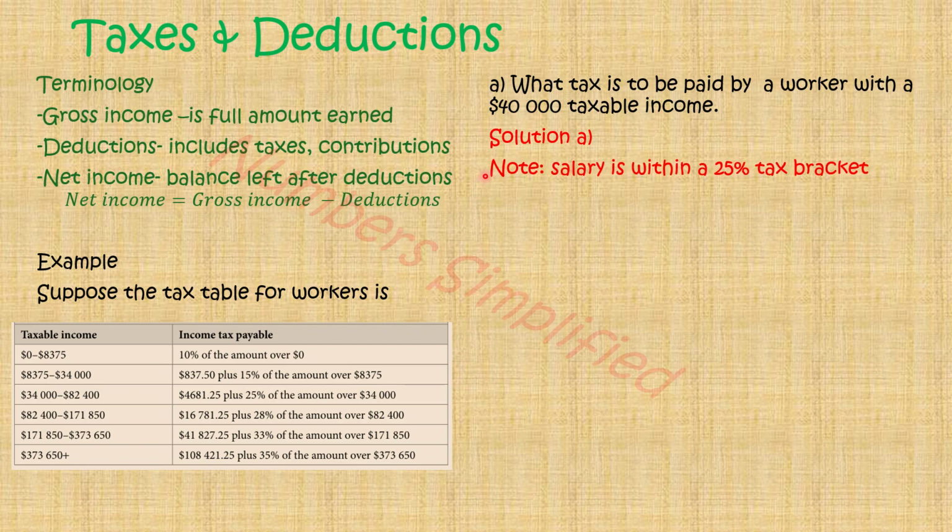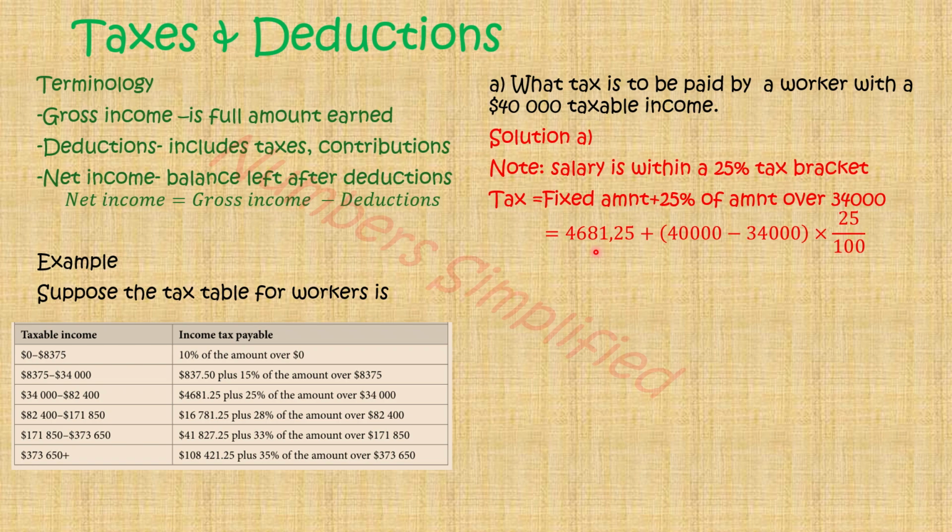So the tax that's going to be paid is equal to the fixed amount plus 25% of the amount over 34,000. Now, substituting for the fixed amount, the fixed amount paid in this tax bracket is $4,681.25.